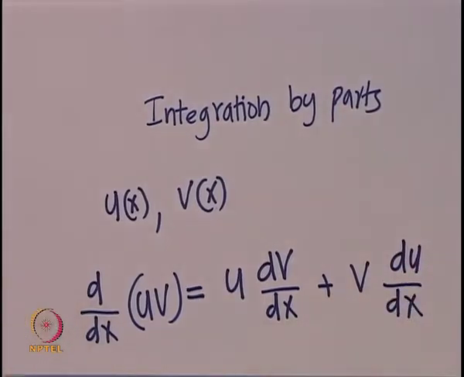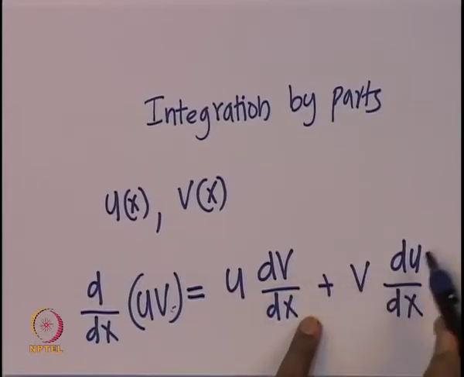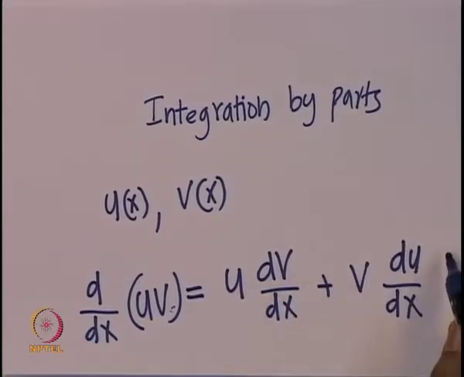It is good to recall this, because we will use this idea now to think of integration by parts. If you have a product of two functions, this could be f and g, or u and v, the derivative of this product is first function times the derivative of the second function plus the second function times the derivative of the first function.